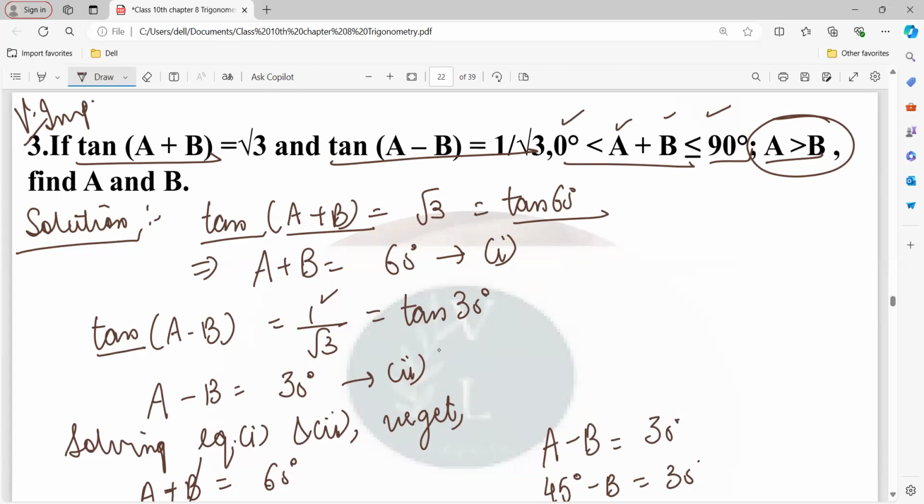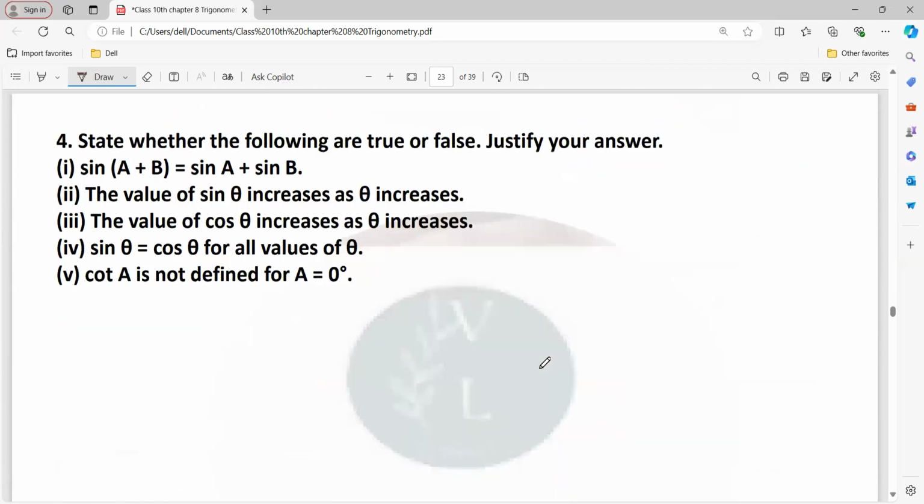Wonderful. So next we have question number 4. In question number 4, we have to state whether the following are true or false and justify your answer. So again, we will justify our answers as well. So let's take different values.